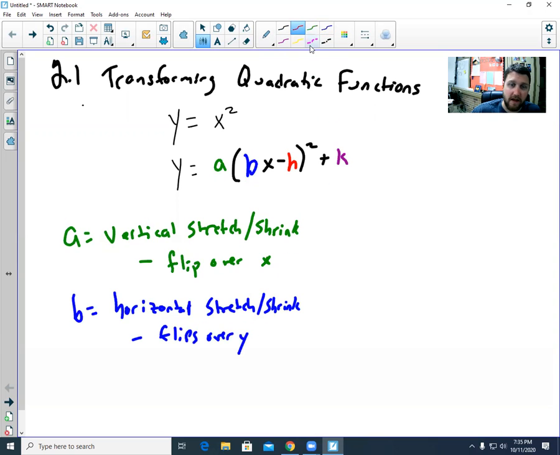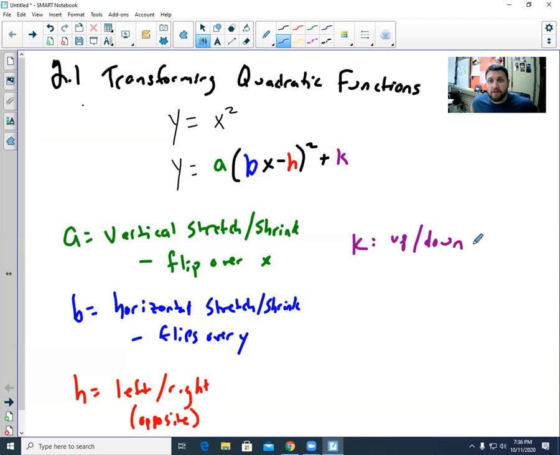And then we finally have our last two things, which should be pretty straightforward. h shifts it left or right. One big thing I want you to remember is it's always the opposite of what you think it should be. And finally, we have k, and k just shifts it up or down.